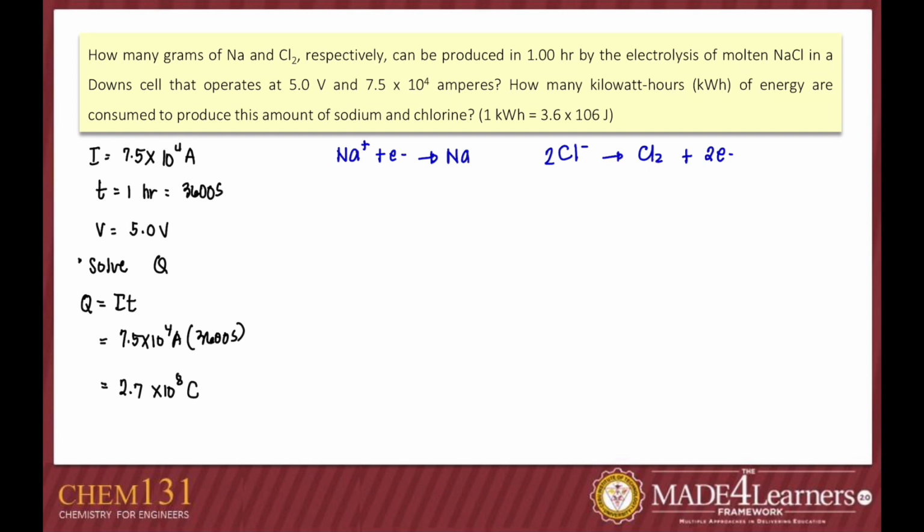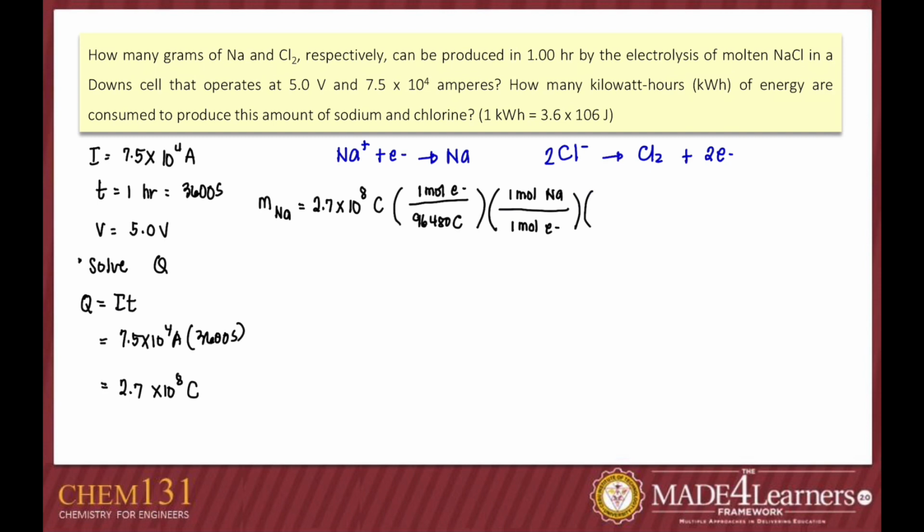And then we can now solve for the mass of each. So for sodium, so the mass of sodium, that's Na. So we start with Q, that's 2.7 times 10 to the power of 8 coulombs. And then we know that for every 1 mole of electron, that's equivalent to 96480 coulombs needed. And then from the reaction, we can see that 1 mole of sodium is produced for every 1 mole of electron transferred.